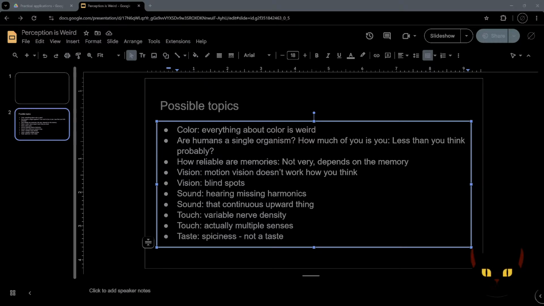Honestly, smell is probably the most reliable sense. There's a couple of ways you can fool it, kind of like how we fool taste with capsaicin. It's very closely related to taste.